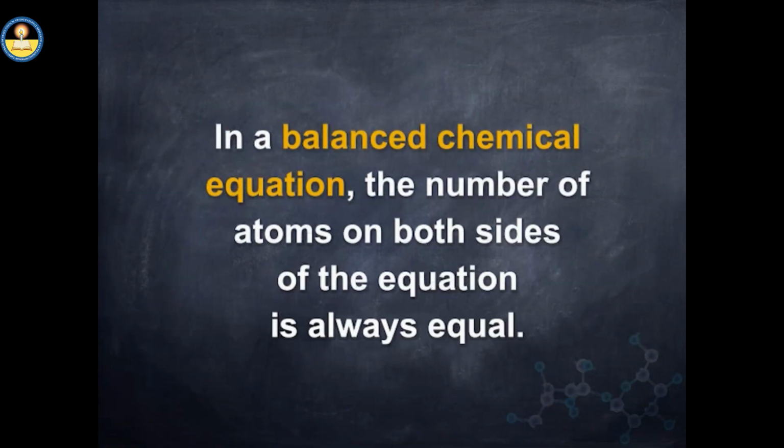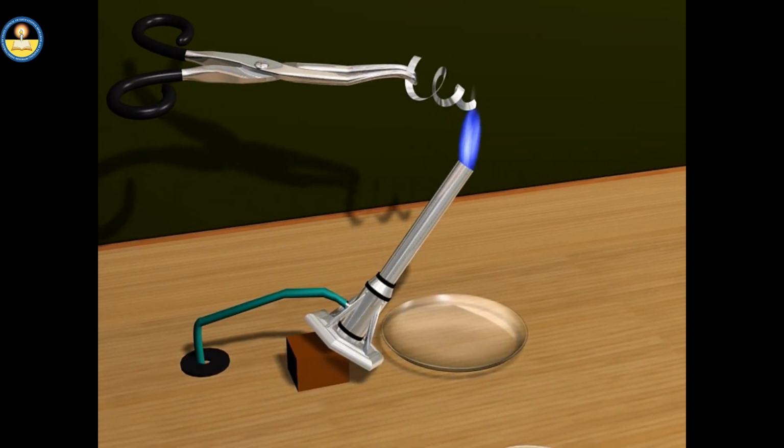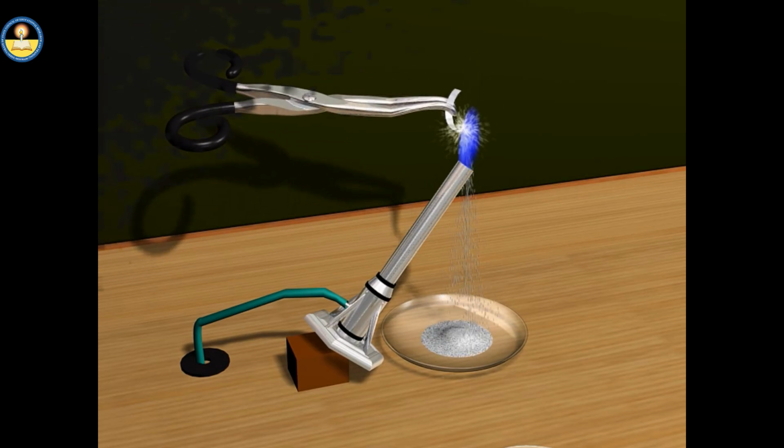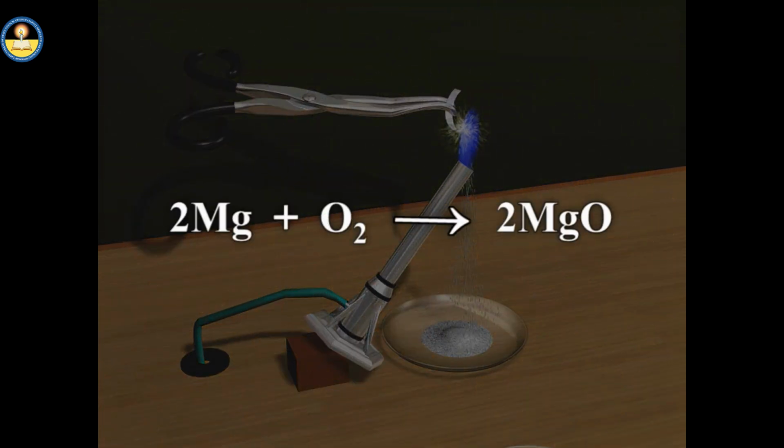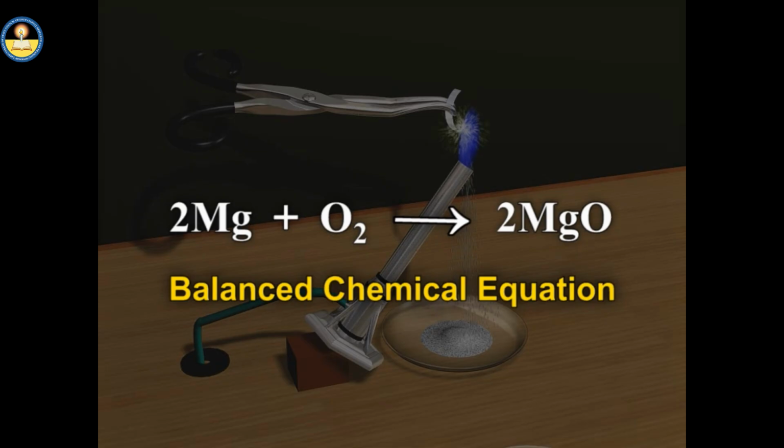In a balanced chemical equation, the number of atoms on both sides of the equation is always equal. The balanced equation for the burning of magnesium ribbon in oxygen is written as 2Mg plus O2 gives 2MgO, which is a balanced chemical equation. As a general rule, coefficients are always whole numbers.